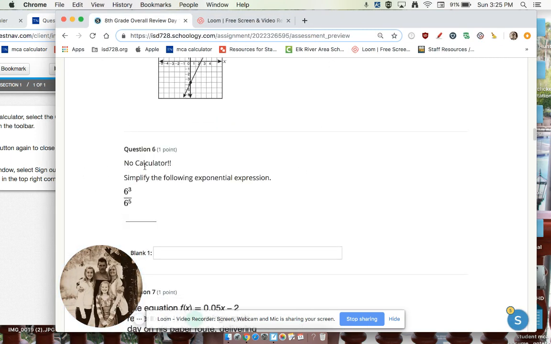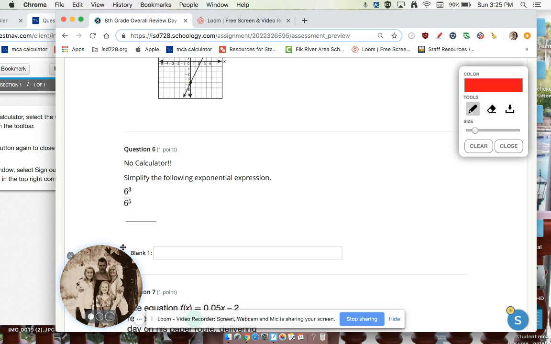Okay, next. This one I can't use a calculator, so I have to use my knowledge of Unit 7, which is our exponent rule properties. So we need to simplify the following exponential expression, 6 cubed over 6 to the 5th. So what that means is I have 3 6's on top and 5 on the bottom, and it is the division property of exponents.